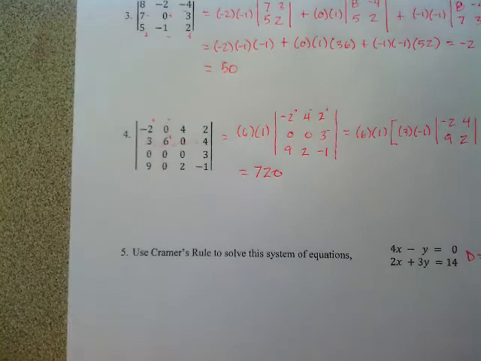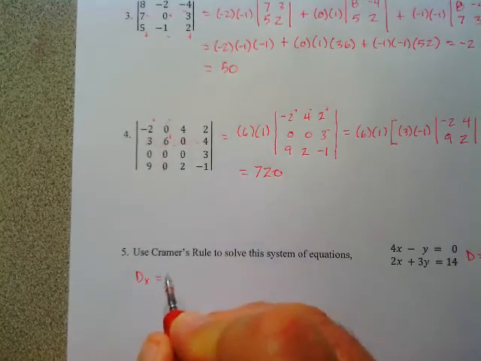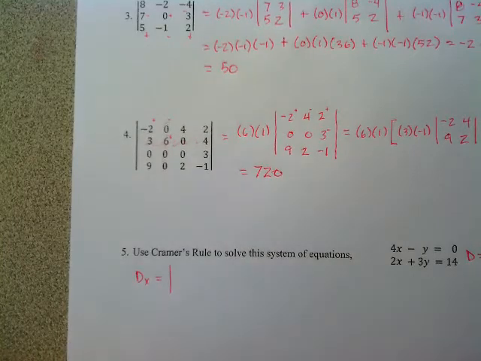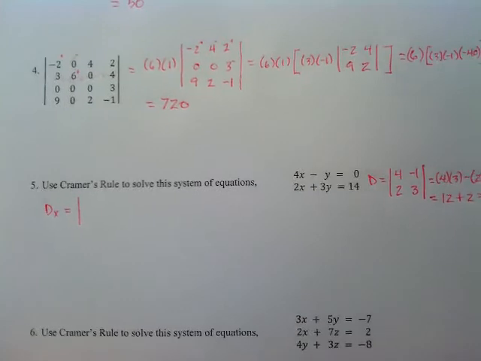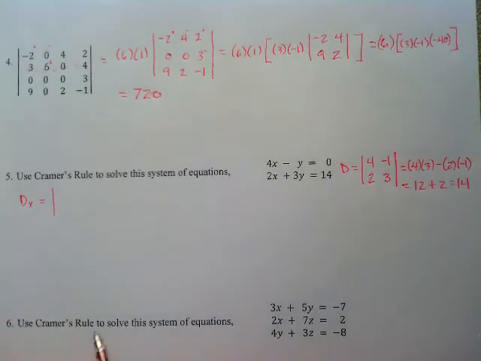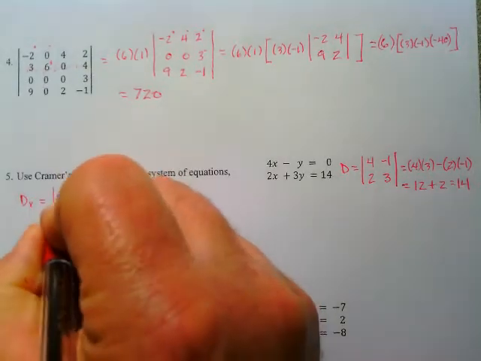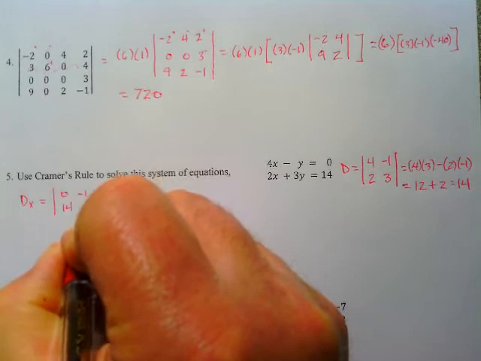All right, now we're going to find dx, and dx is where we replace the 4 and the 2. We're going to replace the 4 and the 2 by the 0 and 14. So 0 and 14, we still have the negative 1 and 3.